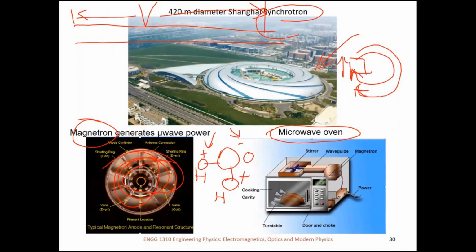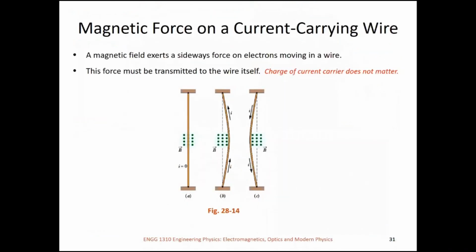So we just talked about the magnetic force on charged particles, either in the metal material or in free space. But we can also have another force: the magnetic force on current carrying wires.